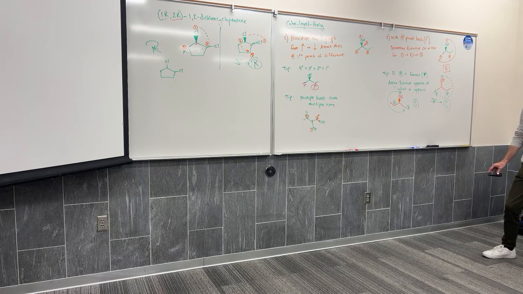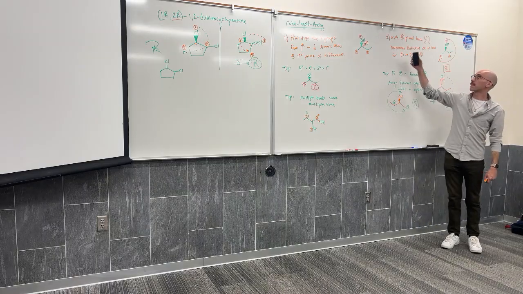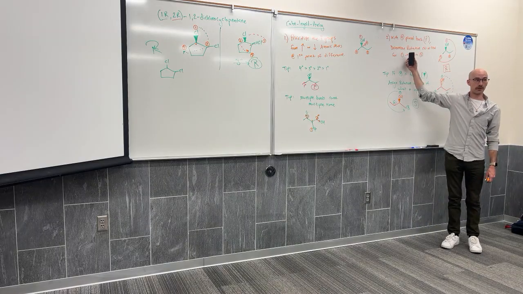The priorities are the same, organized in the same direction. So the priority dictates the order, which dictates the rotation, and that dictates R versus S. Well, priority dictates the rotation. The placement of the lowest priority group dictates R versus S.